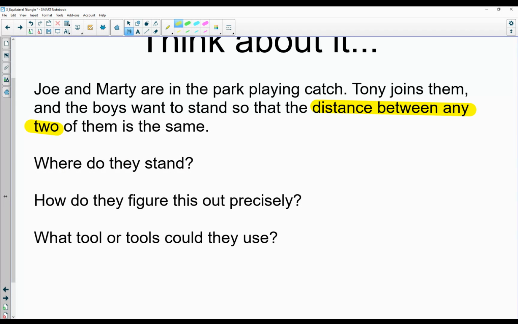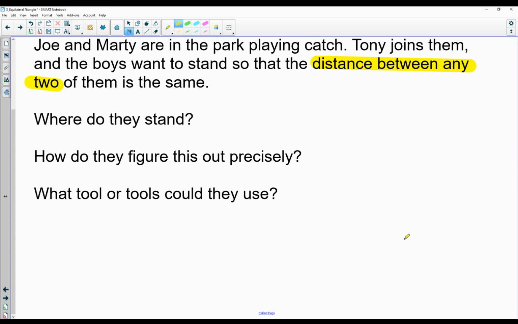But if I were to be down here and think about this, we start with Joe and Marty. So there's Joe, there's Marty. And here's Tony. I'll just put Tony right here. And I ask myself, okay, is Tony the same distance away from Joe as he is from Marty? Well, in this case, it looks like he probably is.